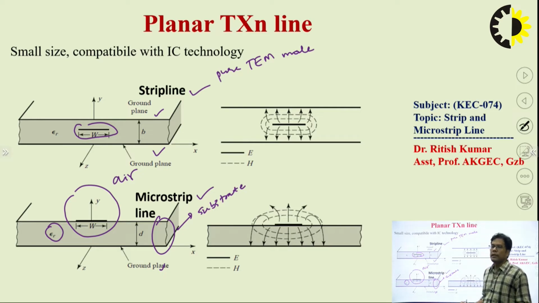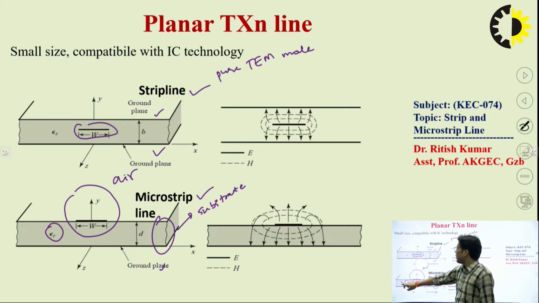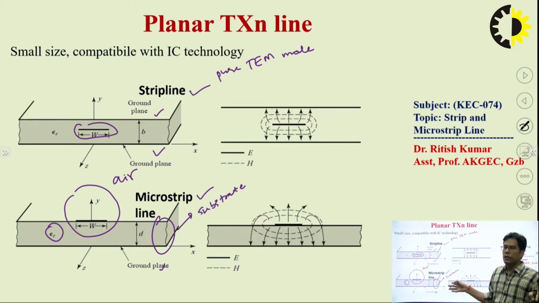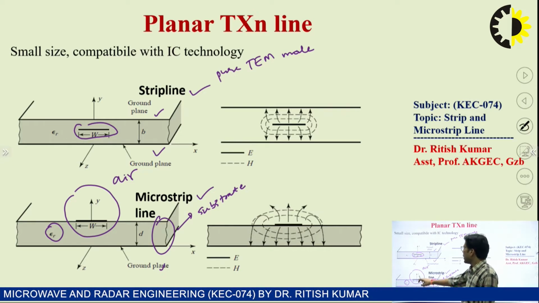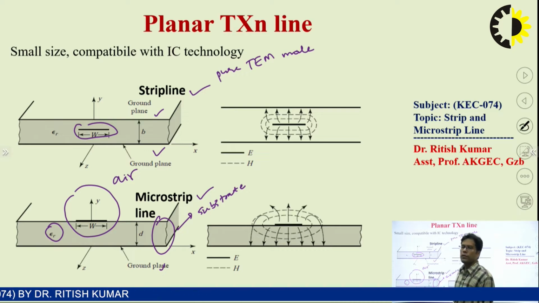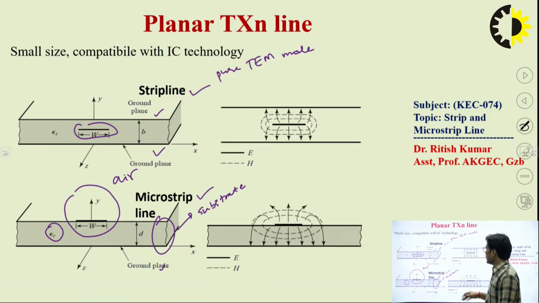We can say this is a kind of dual side PCB where a perfect ground plane is present over here, and if we etch out some of the copper over the other side of the PCB, we have some kind of transmission line or other kind of structure as well. So this is about the microstrip line.